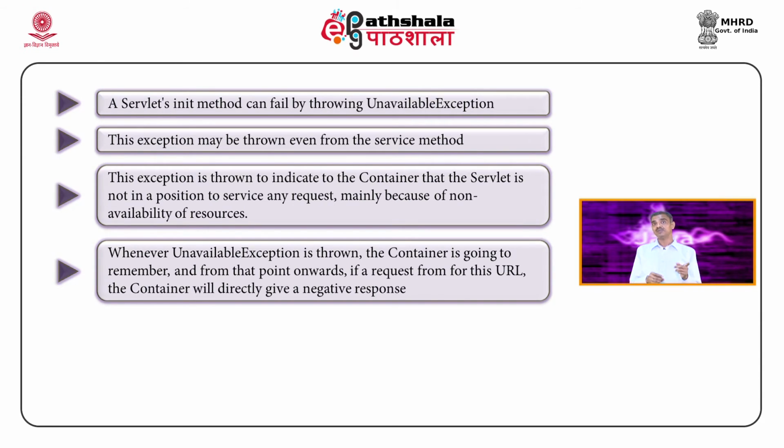Whenever unavailable exception is thrown, the container is going to remember this, and from that point onwards, any request that comes for this particular URL is handled at the container level itself. The container has to give the appropriate negative response, saying this particular service is no longer available.